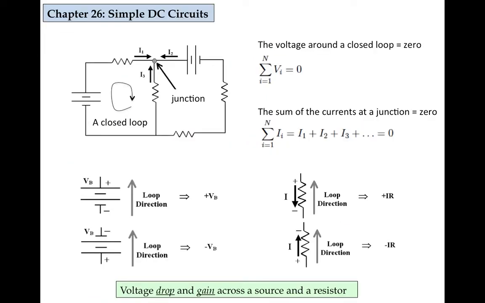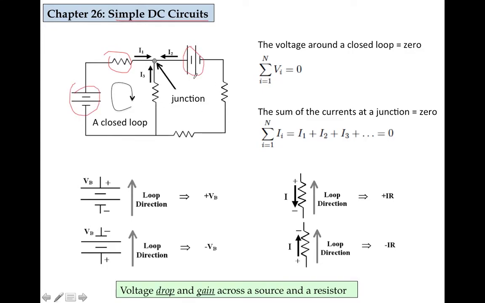All right. Now, chapter 26 is all about simple DC circuits, and in here we will only look at circuits that have resistors and a power supply.